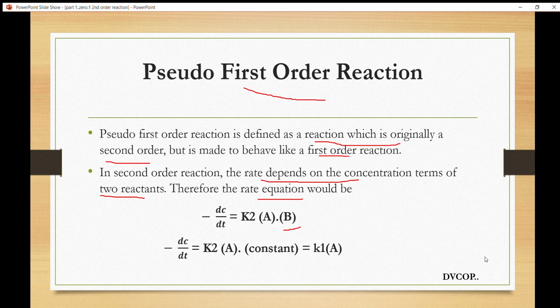Suppose reactant B is present in excess, therefore the concentration of B does not change significantly during the course of reaction. Hence the concentration of B is considered constant, so the rate of reaction depends only on the concentration of reactant A, and hence it is a pseudo first order reaction.